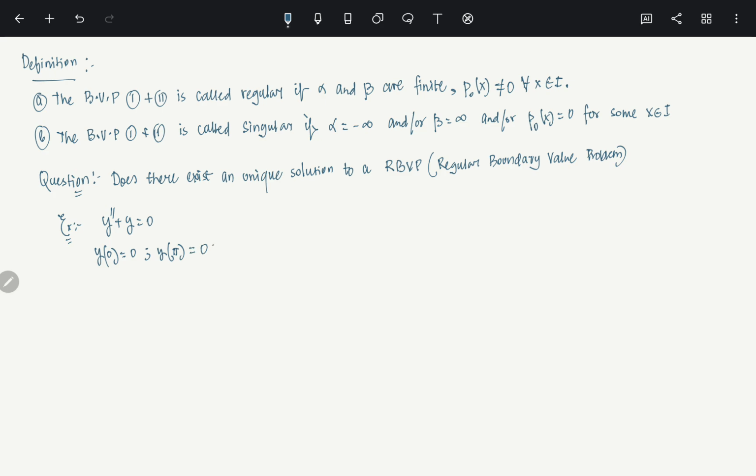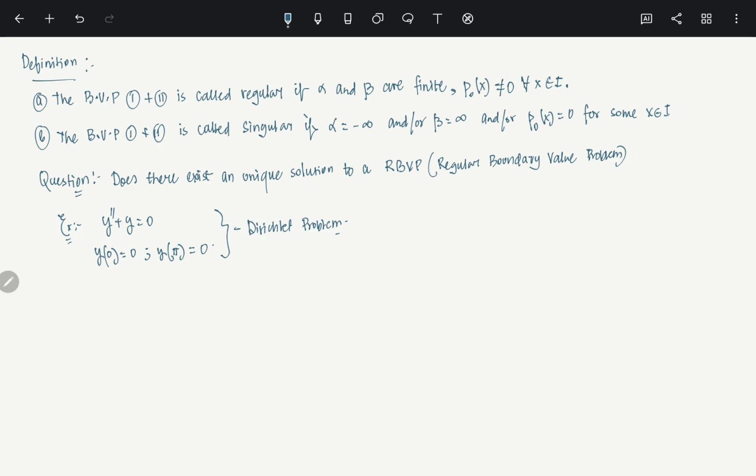So your alpha and beta are 0 and pi. This is a regular Sturm-Liouville boundary value problem, absolutely no issues there. First of all, identify what sort of problem it is. This is called a Dirichlet problem. Capital A and capital B are going to be 0, and you have data on y only at the two endpoints 0 and pi. So this is a Dirichlet problem.